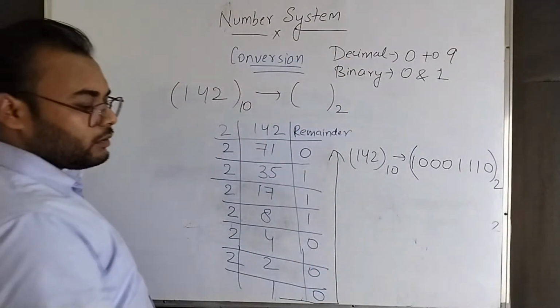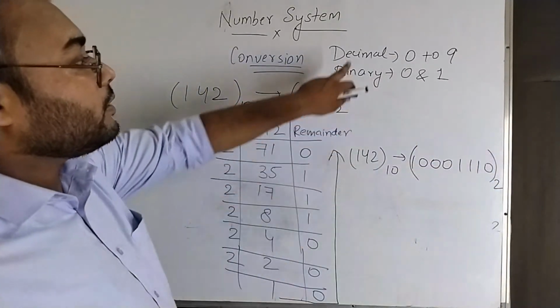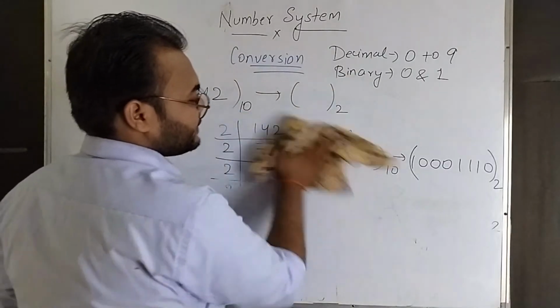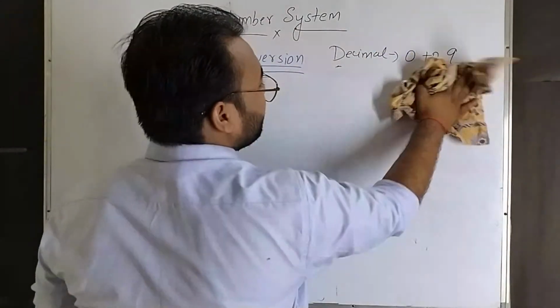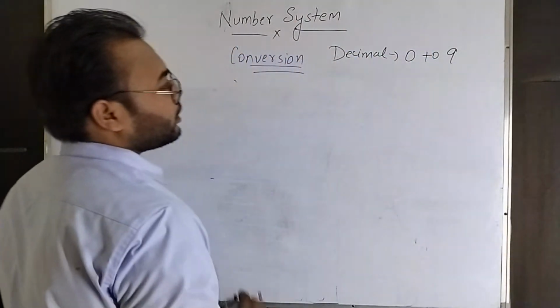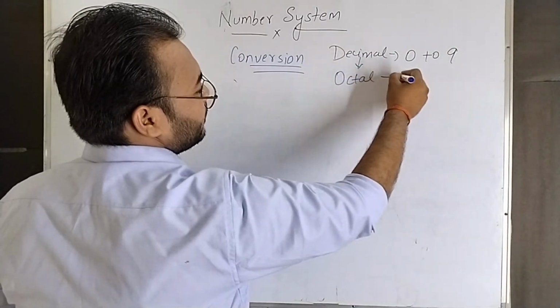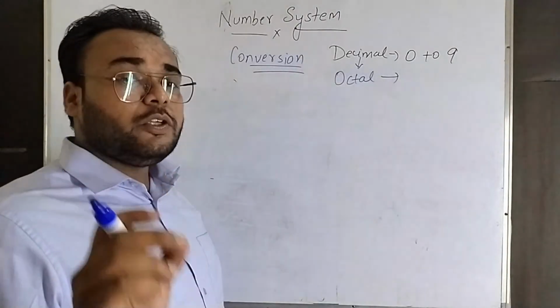Now the next conversion we are going to see is decimal to octal. Now remember, for the octal number system, which digits are we going to use?